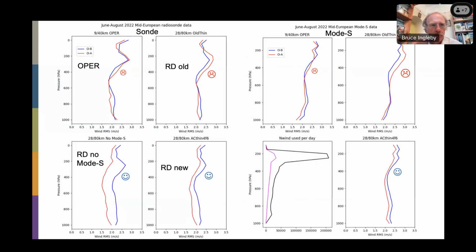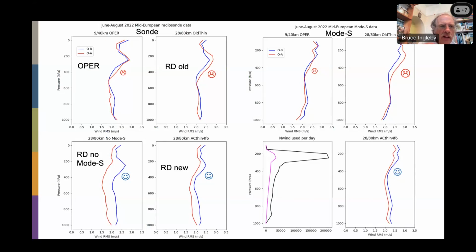So this is, left-hand side, radiosonde plots. Right-hand side, Mode S plots. The blue lines are O minus B. This is all winds profiles.